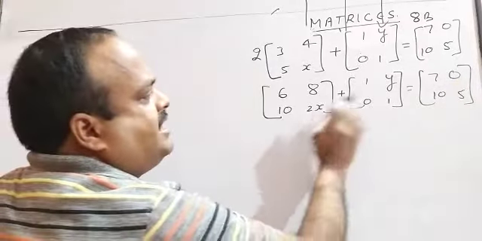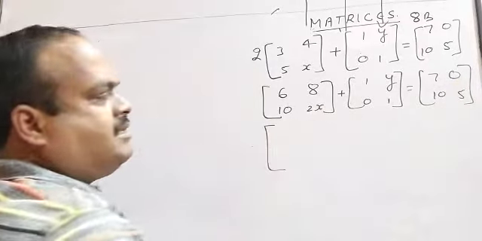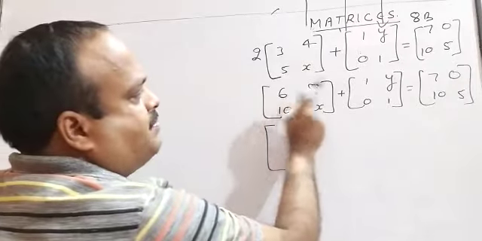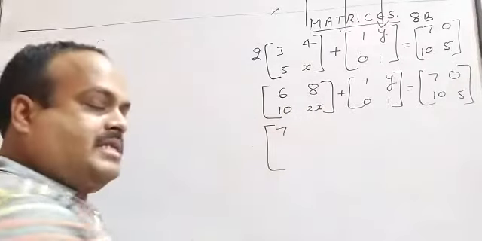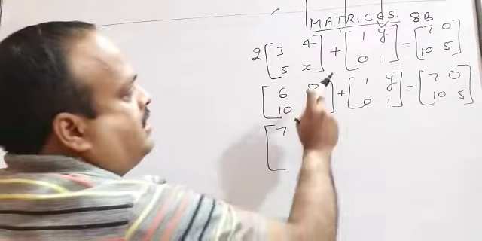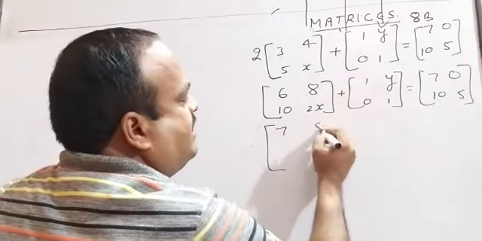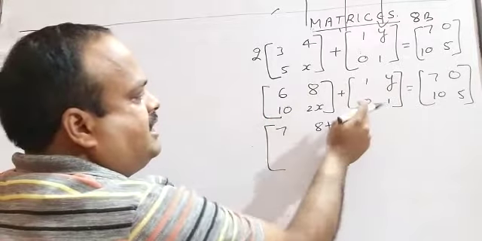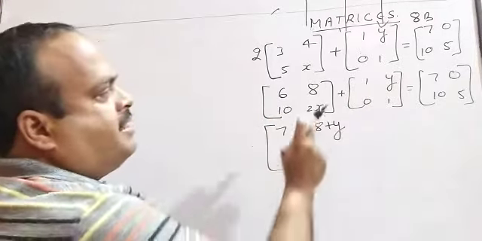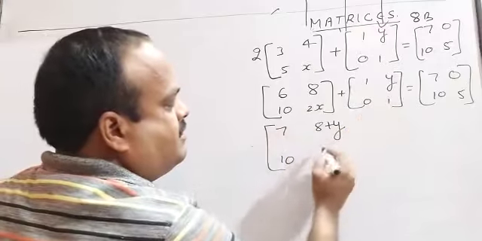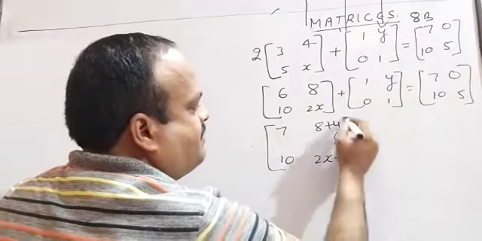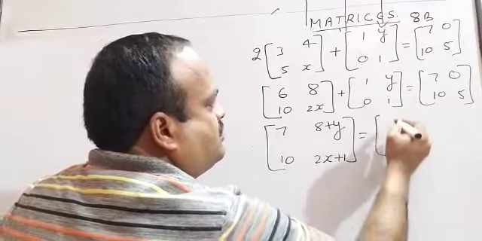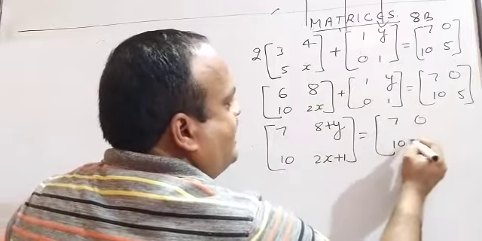Let us add these two matrices. The corresponding elements: 6 plus 1, 7. This time I am using a shortcut. 8 plus y, 10 plus 0, 10, 2x plus 1 is equal to [7, 0; 10, 5].